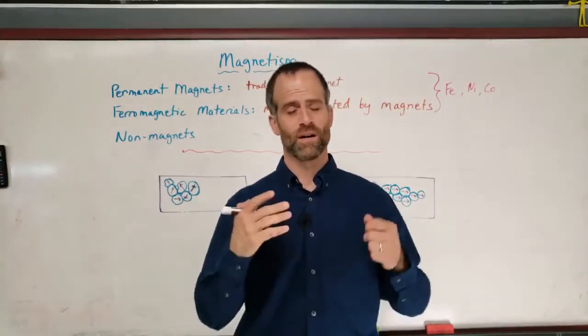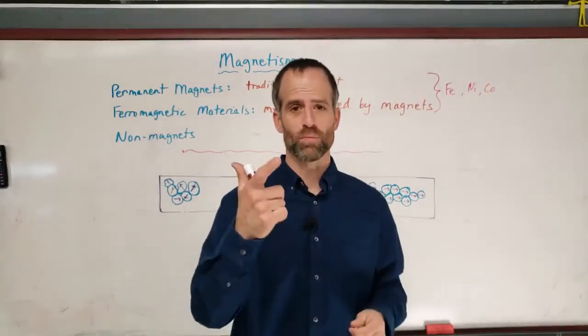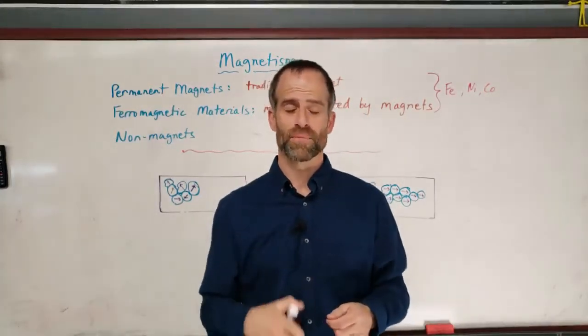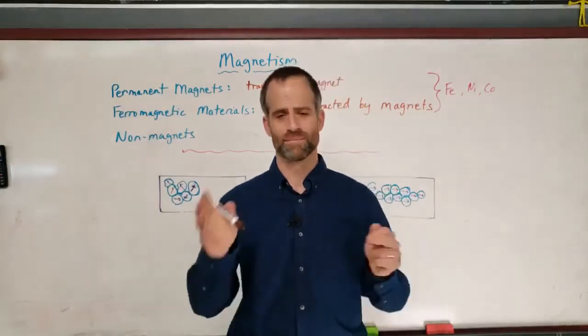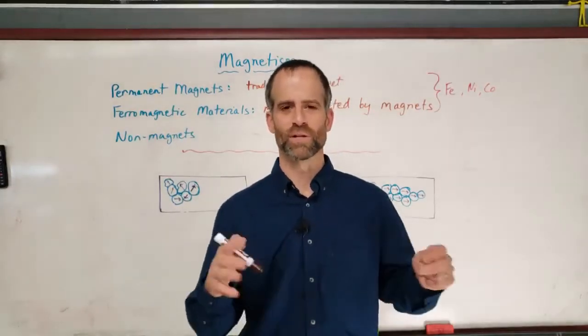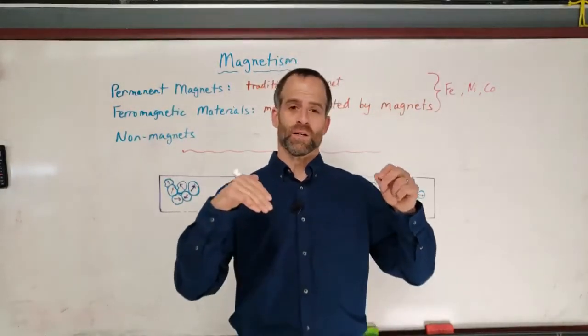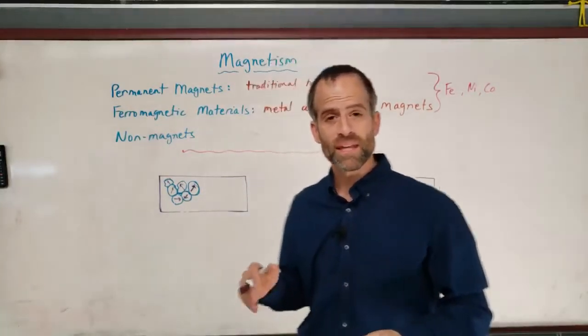So aluminum on its own, you can try it, you're not going to make a magnet out of it. There are some lanthanides and rare earth metals that can become magnetic, but that's not really a high school topic. So iron, cobalt, nickel.